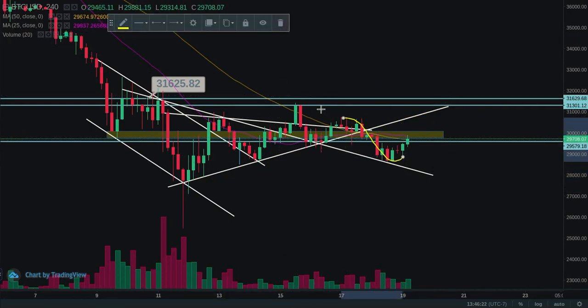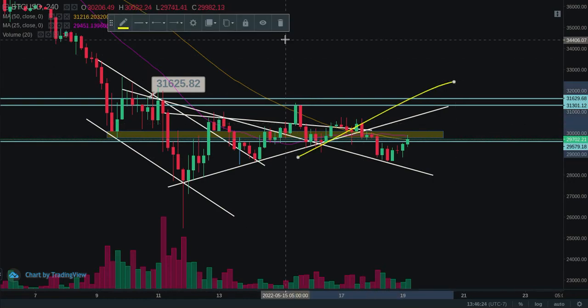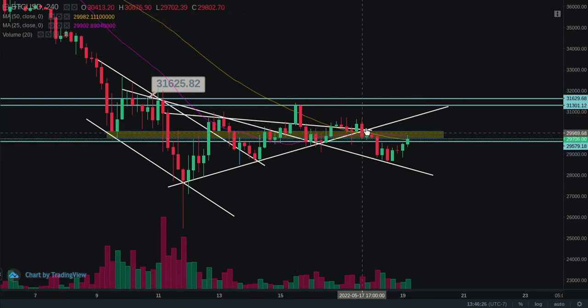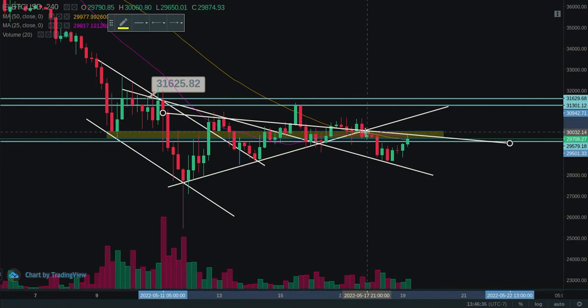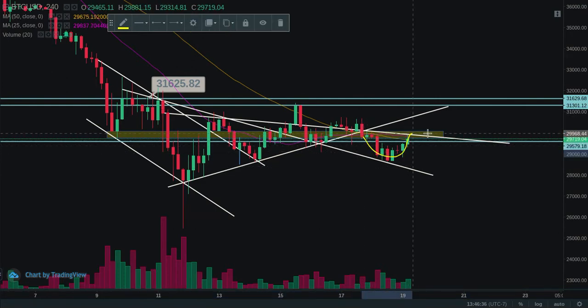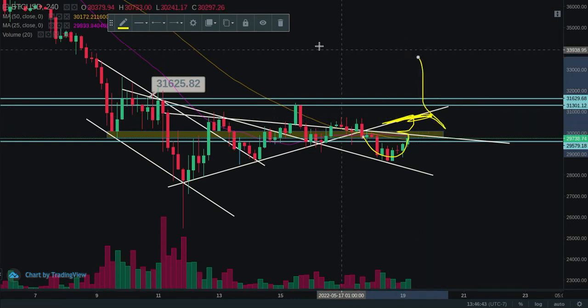So like I said, these trend lines are important. You never know which one you might need, but you just gotta keep trying. This is kind of getting rejected right there now. So if we could break above this white line, then we'll see this top line right here. And if we hit this line, either we're going to come down or we're going to start moving back up again.